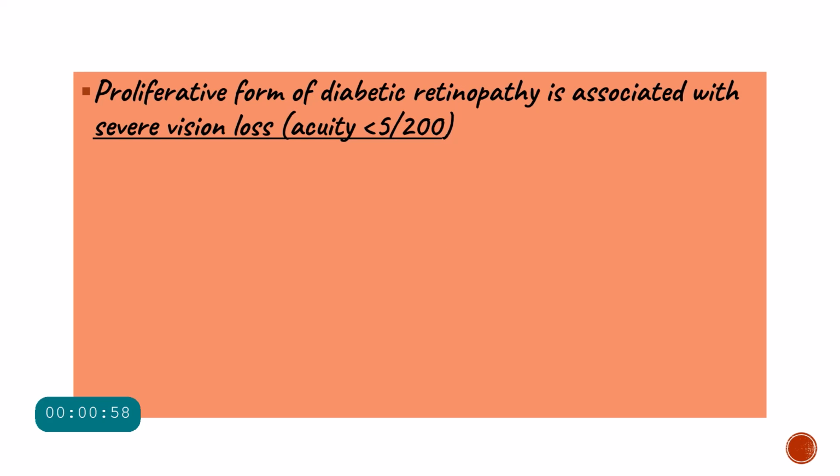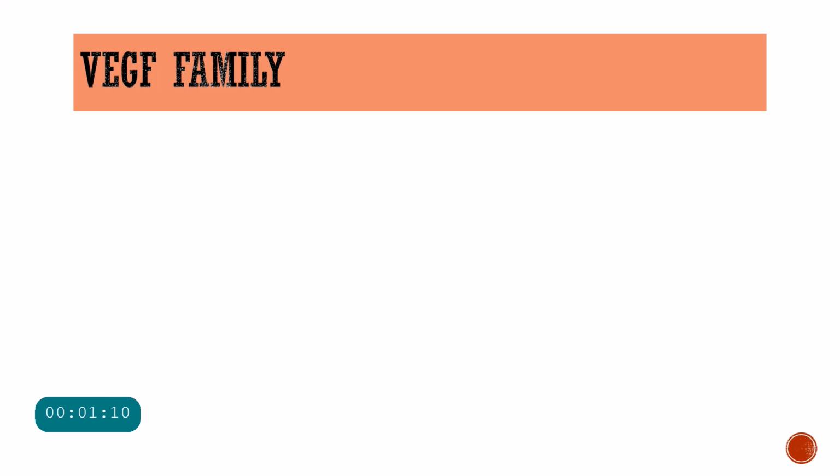Now why is this so important? The proliferative form of diabetic retinopathy is associated with severe vision loss, and severe vision loss is defined as visual acuity less than 5/200.